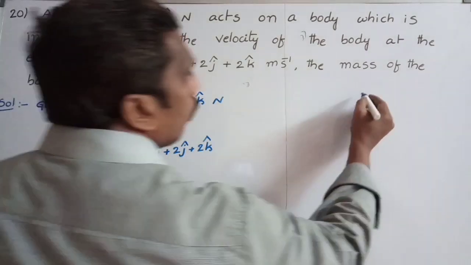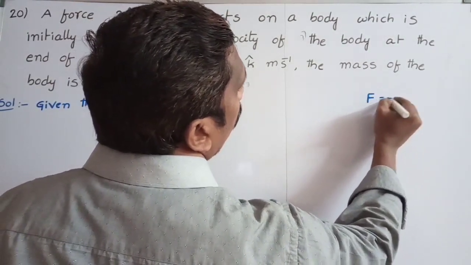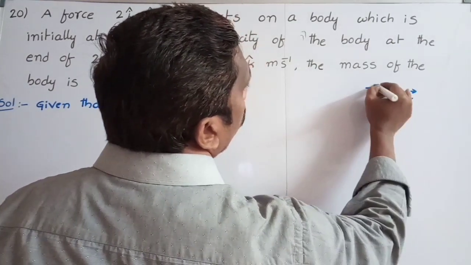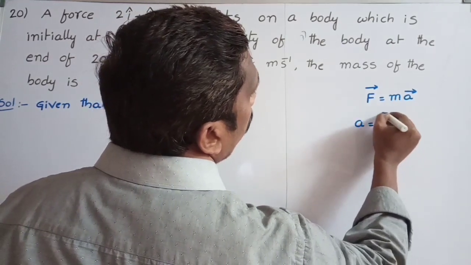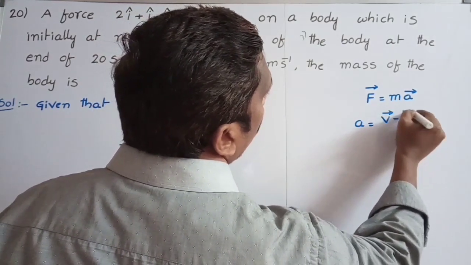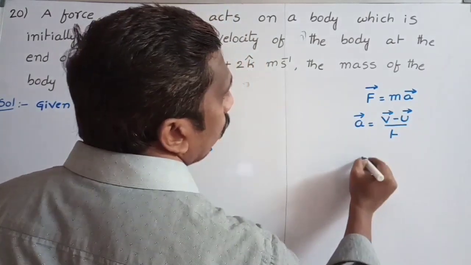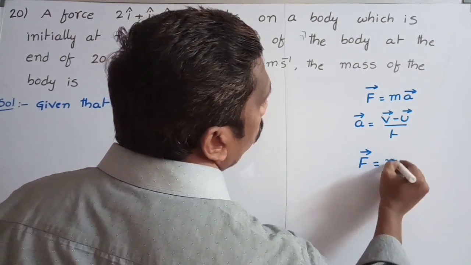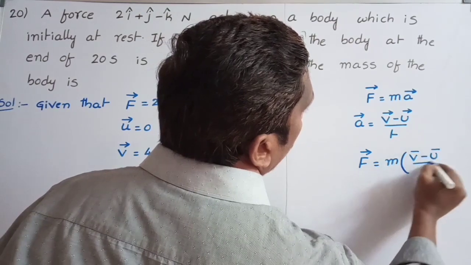We know the force formula. Force F is equal to ma, but we don't know the a value. But from this relation, we can write a is equal to (v bar minus u bar) by t. Substituting this a value here, we get F bar is equal to m into (v bar minus u bar) by t.